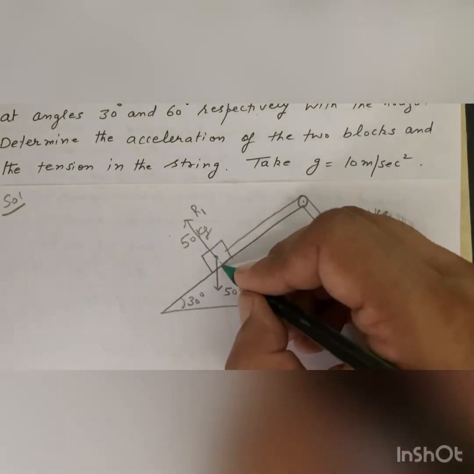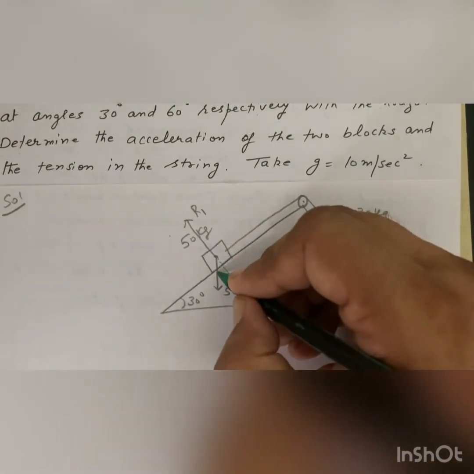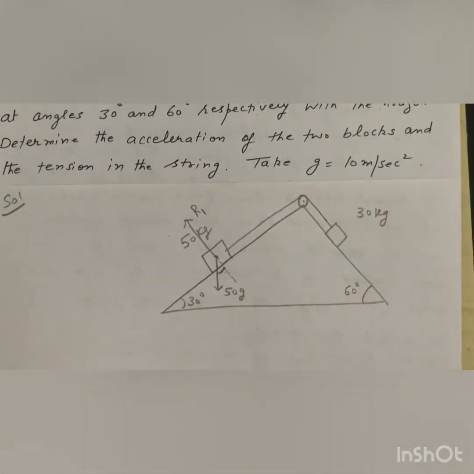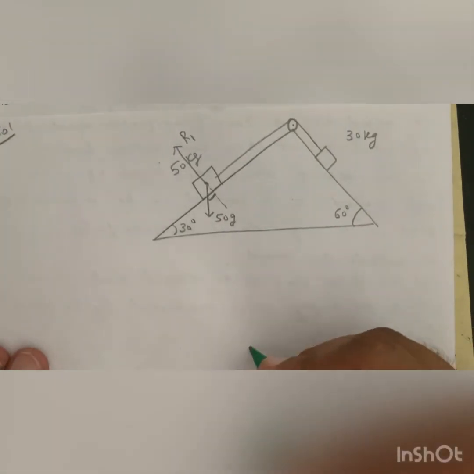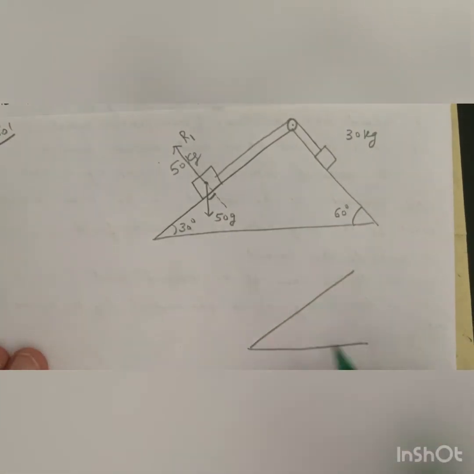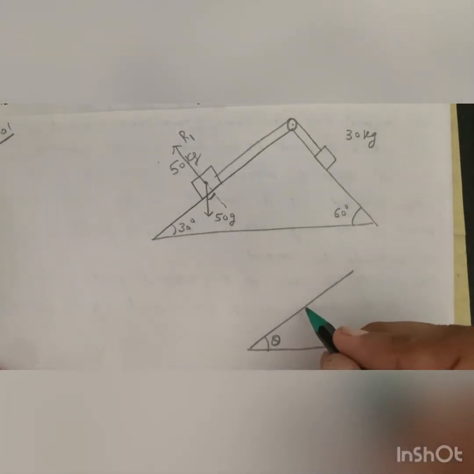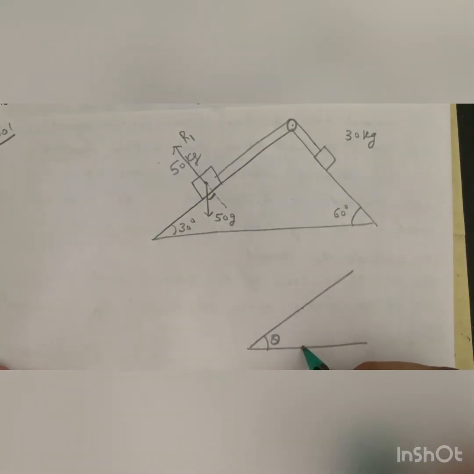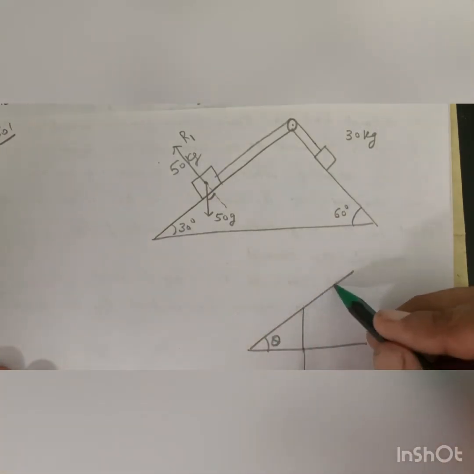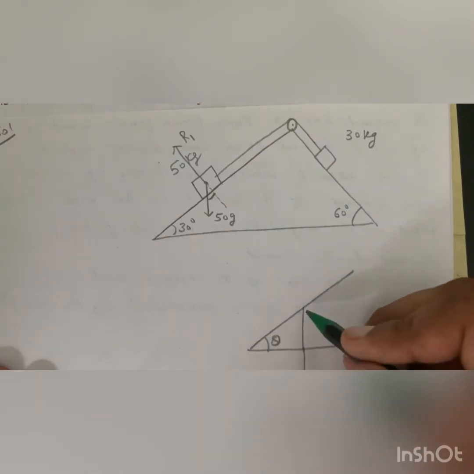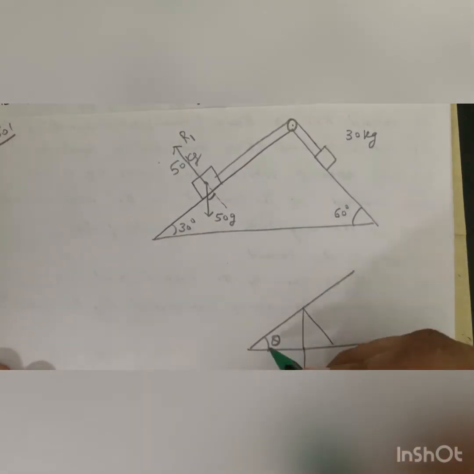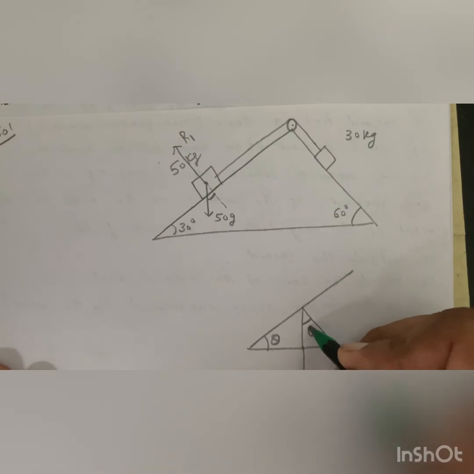If we extend this, now what is this angle? Here we know that if this angle is theta between the two lines, if we draw a line perpendicular to this line and extend it here, and also draw a line perpendicular to this line, then these two angles are equal.